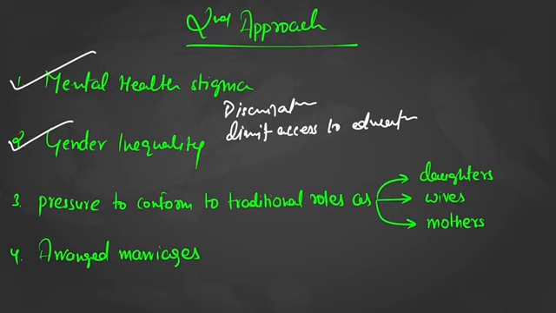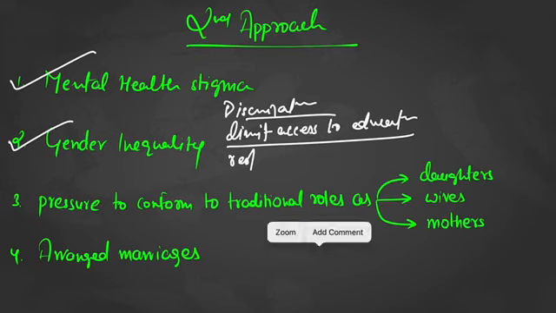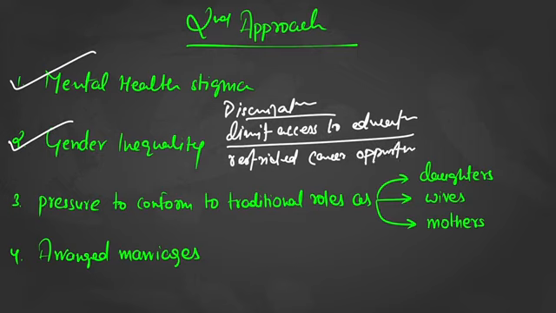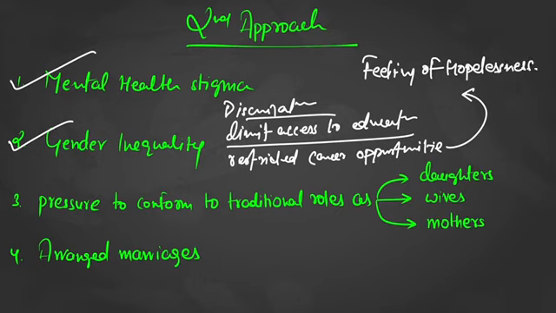Then you can also talk about how, because they are being discriminated against and have limited access to education, they get restricted career opportunities, and that is why they start feeling hopelessness. Yes or no? Then pressure to conform to traditional roles as daughters, wives and mothers. Okay, and this you can write.